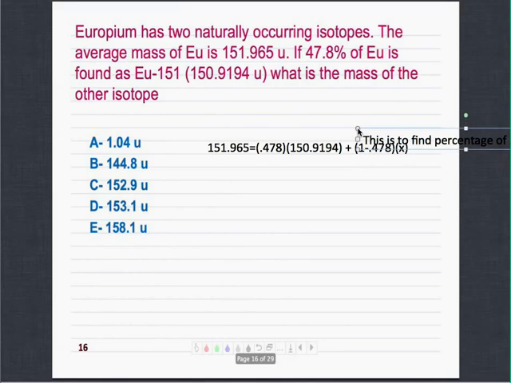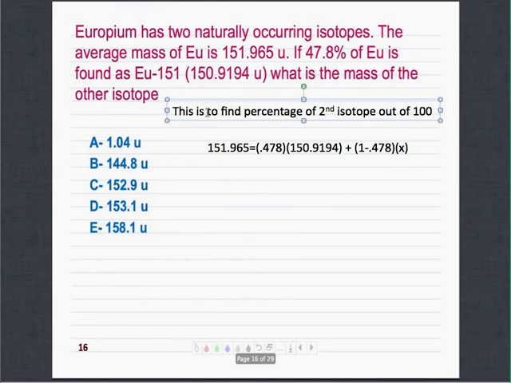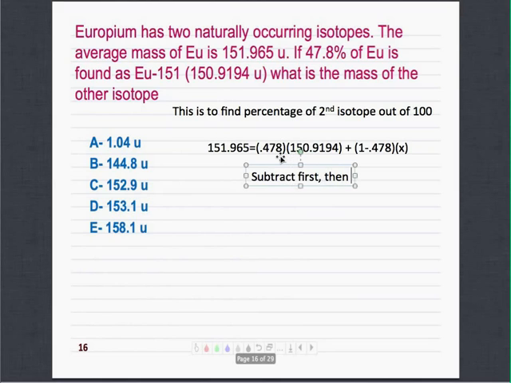Okay, so let's see. I have 79% as C, and C is the right answer. But let's see how C is the right answer. First of all, it's telling me there are two isotopes for europium, and that the average atomic mass, which I'm going to abbreviate as AAM, is equal to 151.965 u.